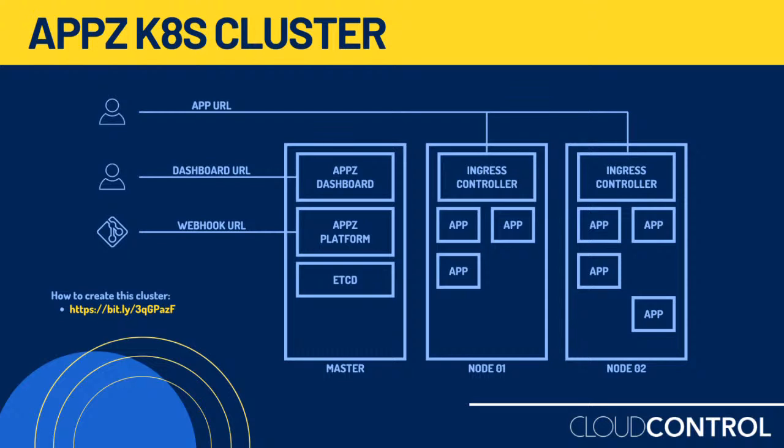One more point I would like to mention before we move ahead is that you see the app URL. Now, if you are deploying a web application, and that will be happening in the case of WordPress, you need to access your application. And that is where the magic of the ingress controller comes into play, which we are deploying, so that your web applications, be it Java, Spring Boot, or in this case WordPress, you will be getting a mail with your URL link.